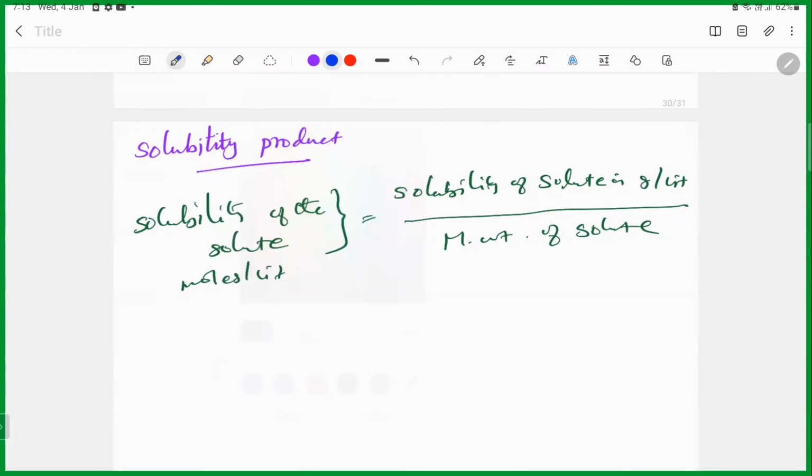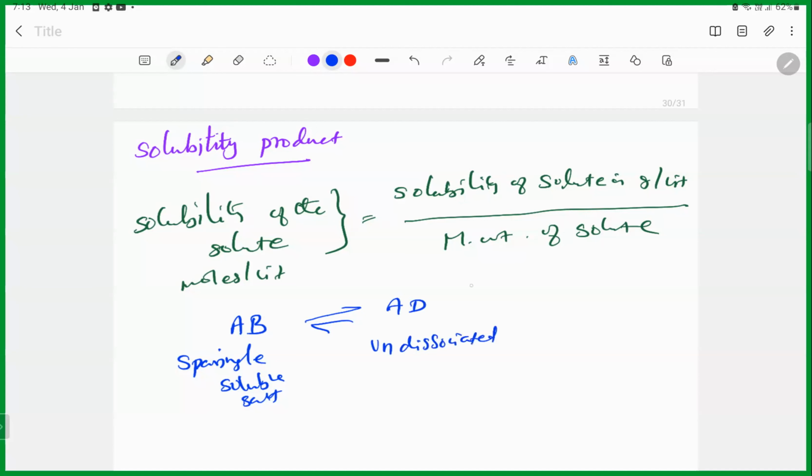When AB is a sparingly soluble salt and you put it in water, it remains undissociated or unionized. But some part of the solute gets ionized into A plus and B minus.